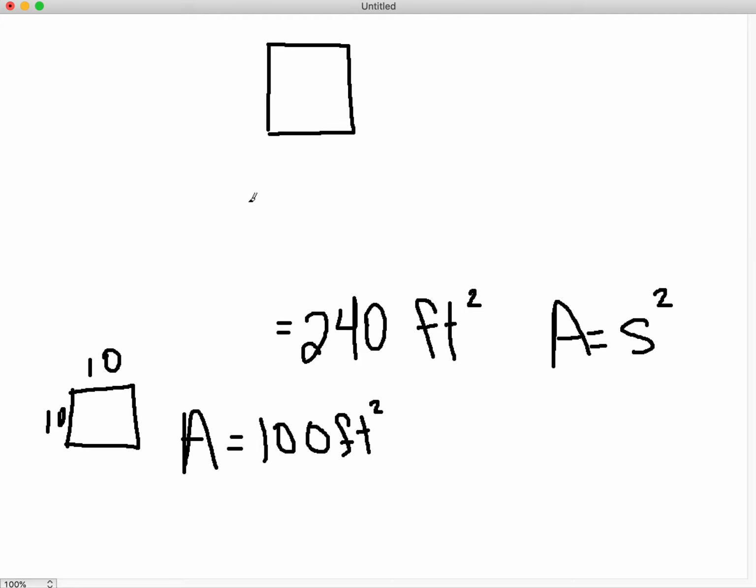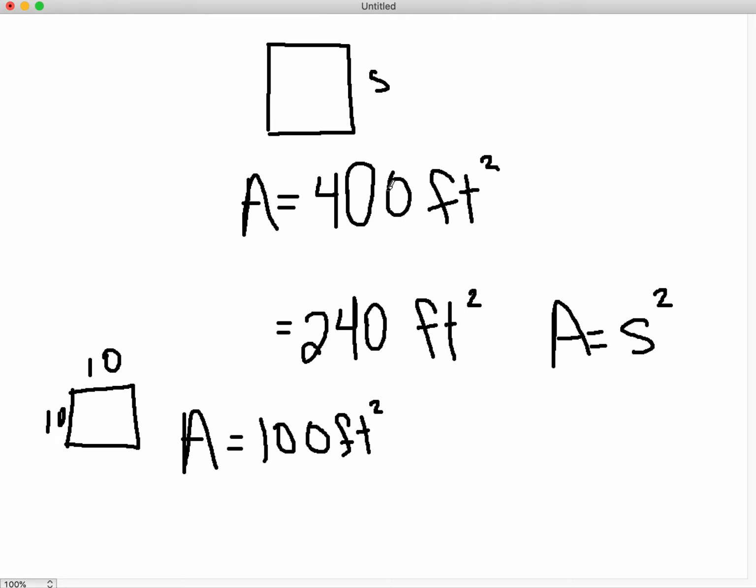So let's say I know that I have a room and it has a square footage of 400 square feet. And I want to find the length of one of these sides. So if area for a square is side squared, then to solve for my side, I would take the square root of both sides.